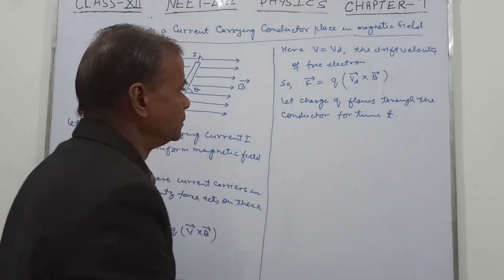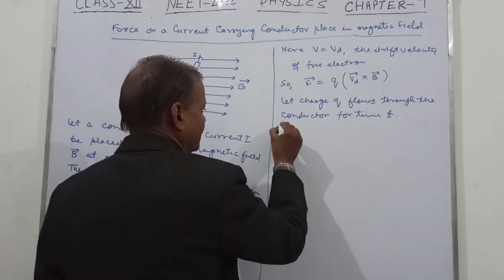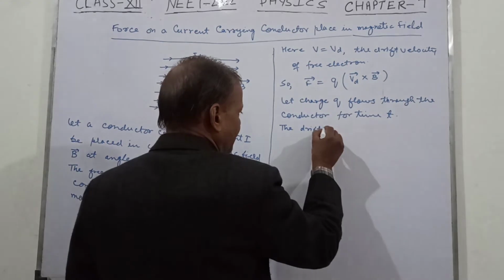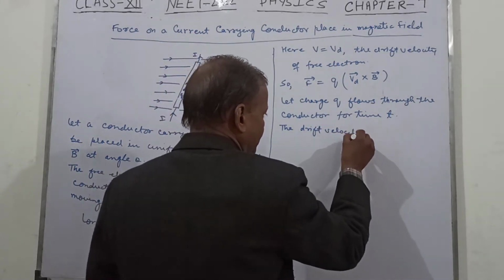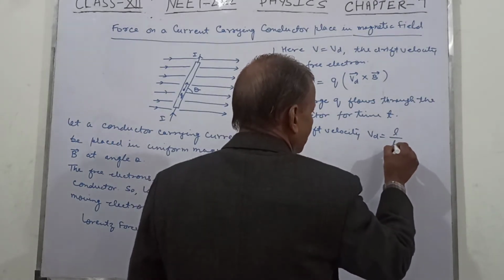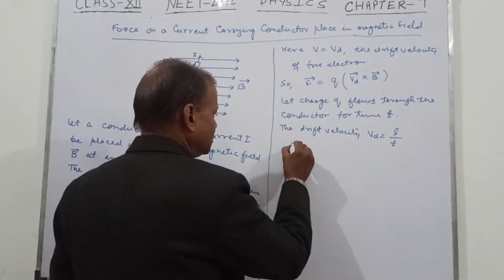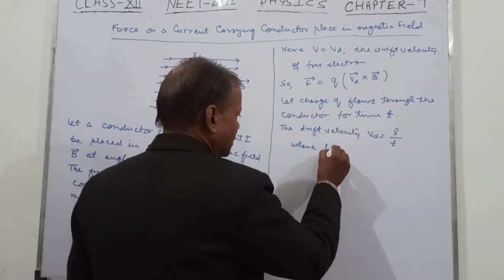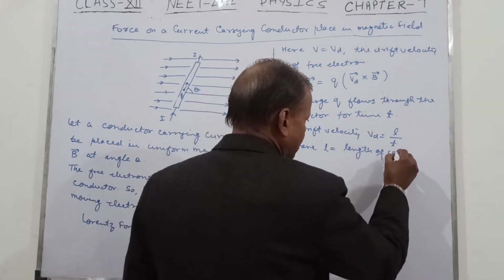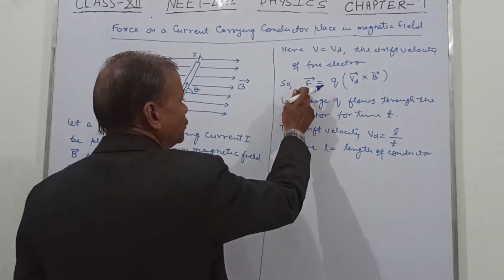Then what we have? The drift velocity vd is equal to L upon t, where L is the length of the conductor. So what we have now from here?